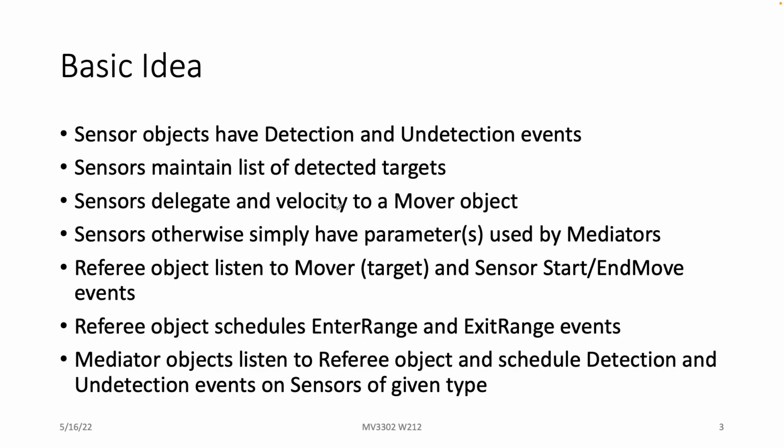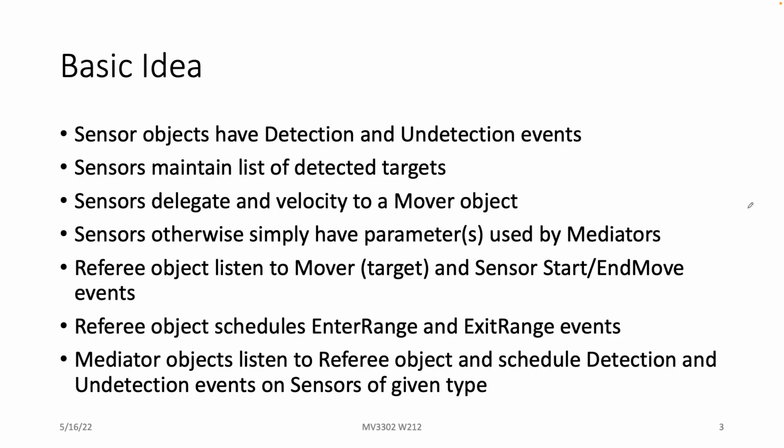The reason you need some third party is that you don't want the sensor deciding when it can see a target before it sees it, and you don't want the target saying to that sensor, that guy around the corner, when is he going to see you? So this third party, the referee, simply says, okay, I'm listening to this guy, and I'm going to tell the sensor when eventually there are going to be some events that lead to the sensor detecting it. And that's where the mediator comes in.